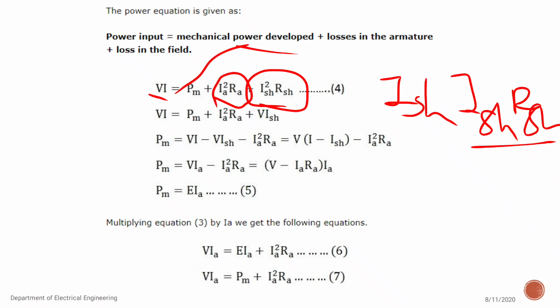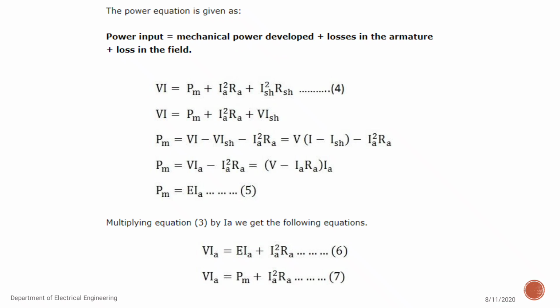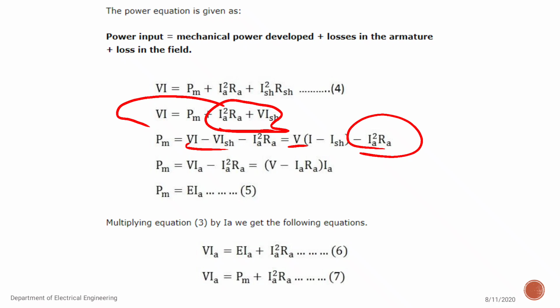Now we'll go for the next step. What we have done is shift these two values to that side. Once we shift these two, we get VI minus V ISH minus Ia square Ra. Now in the first two values there is a common term V, so we take it out: V into I minus ISH, and Ia square Ra as it is.